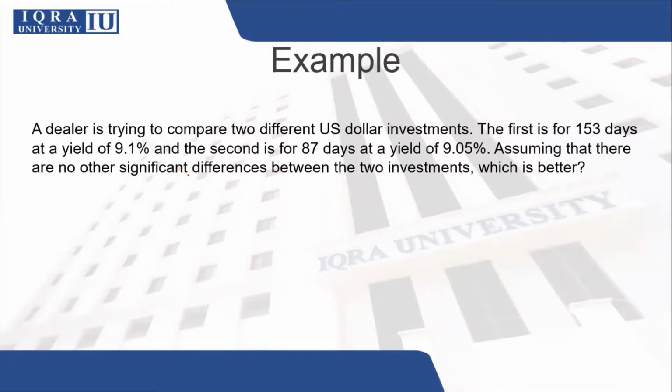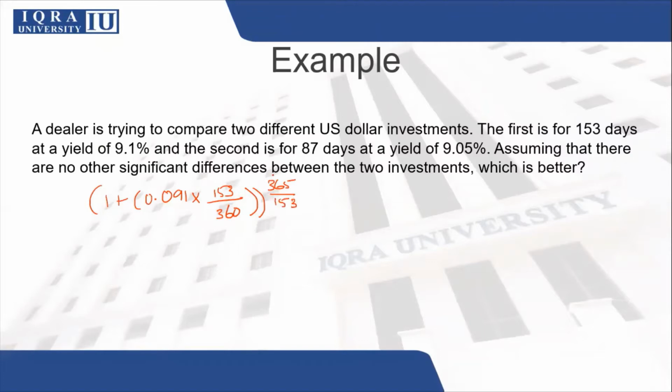So the formula that we have just discussed, we're going to use that formula and we'll do the first calculation. That is going to be 1 plus 0.091 times 153 divided by 360 and bracket close, to the power 365 divided by 153.